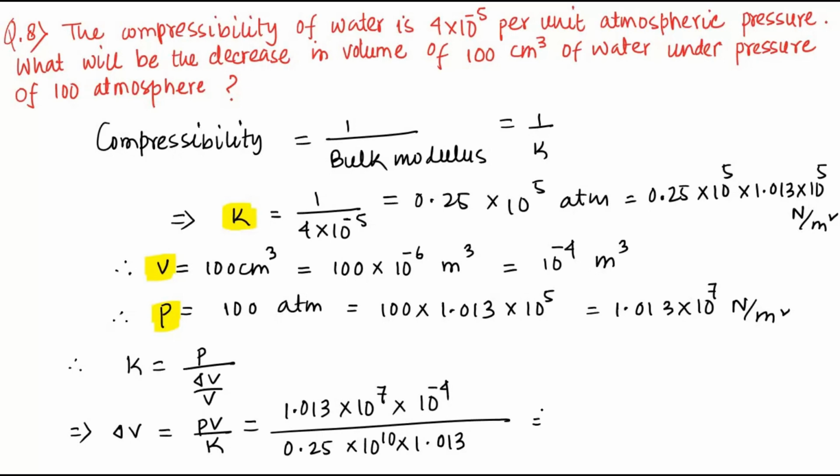And after calculating this, we'll be getting that 0.4 into 10 to the power minus 6 meter cube. So the answer is, so the decrease in volume of 100 centimeter cube of water under pressure of 100 atmosphere would be 0.6 into 10 to the power minus 6 meter cube.